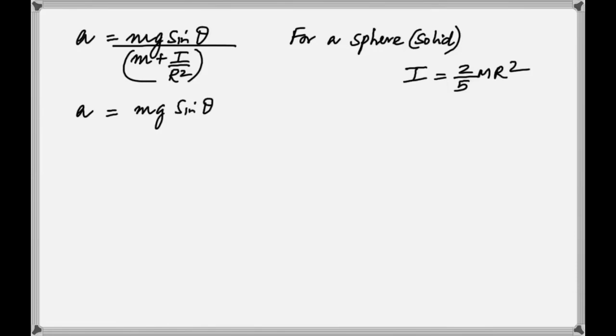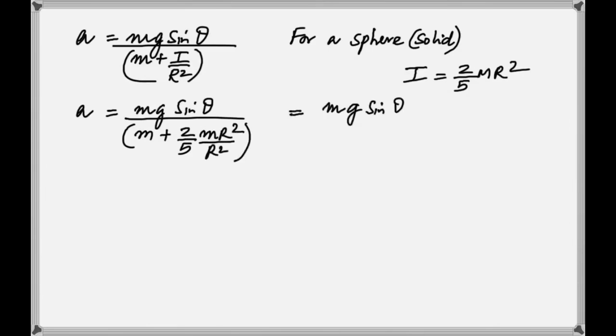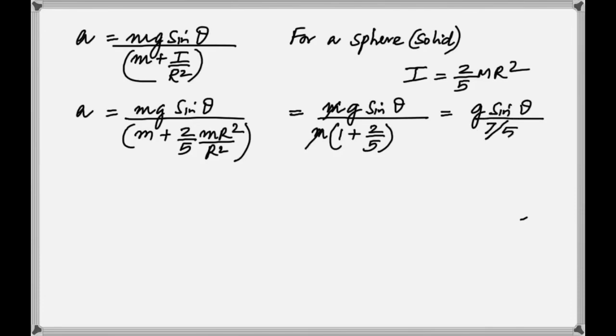So plugging that value in place of I, the r squareds get cancelled, and we can now in the denominator pull out the mass and cancel the masses. We get g sine theta by 7 by 5, which can be written as a is 5g sine theta by 7.